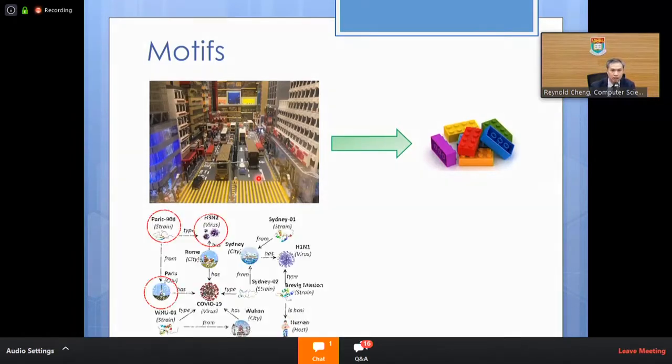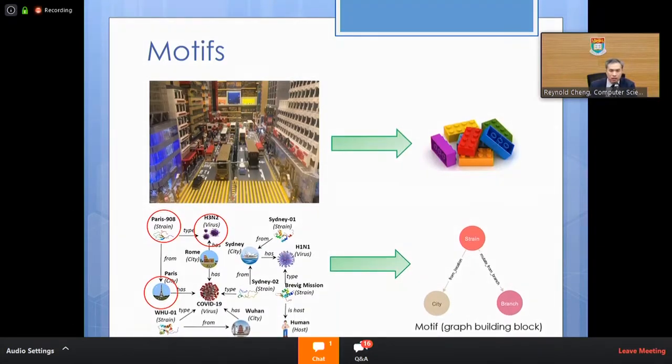Even though this network of COVID-19 is very complex, you see this is a very complex picture here, and there could be millions of entities connected to each other. It is very difficult to analyze, even if you have a large amount of data. However, we also know that this graph is just composed of motifs, which are analogous to Lego blocks.